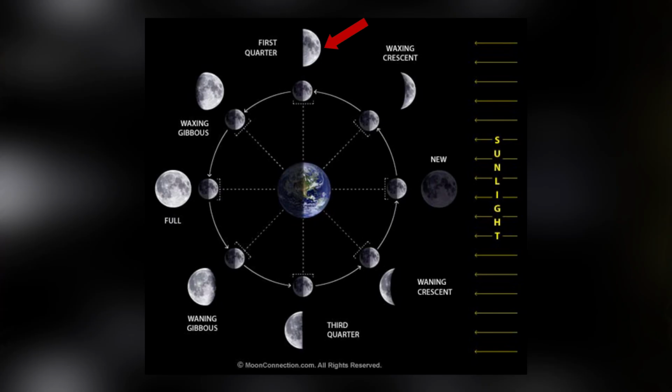So we have fourth quarter, waxing crescent, new moon, waning crescent. Then we have waning gibbous, full moon, waxing gibbous, and then we go back to fourth quarter. So those are the different phases of the moon.